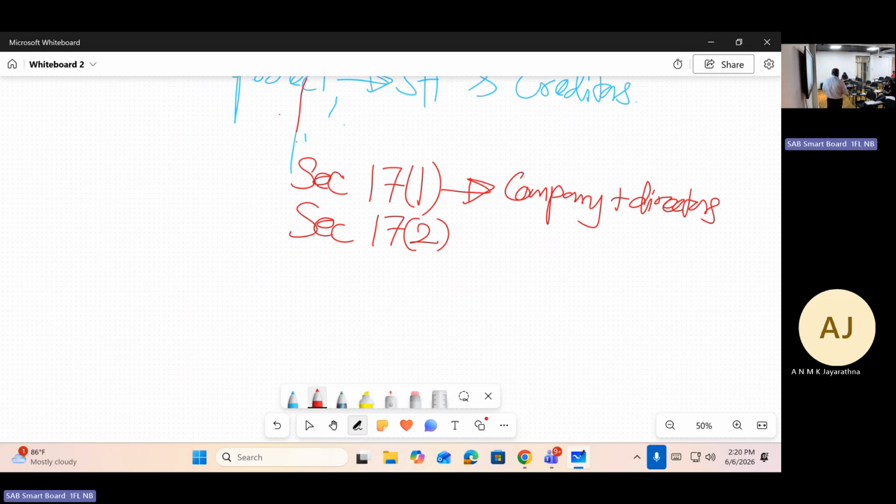In other words, the ultra vires rule. Section 17 subsection 1 has recognized the concept of the ultra vires rule. The company and the directors must engage in contracts which are permitted by the object clause.